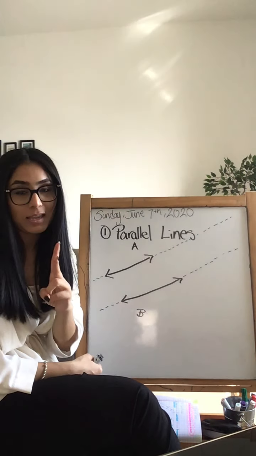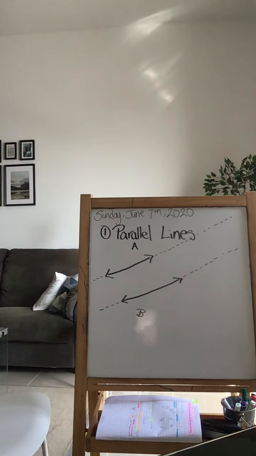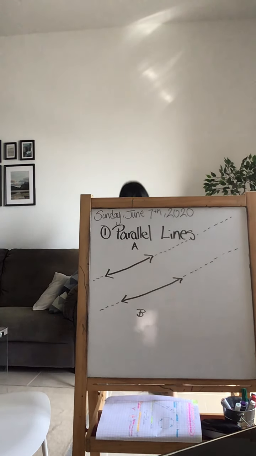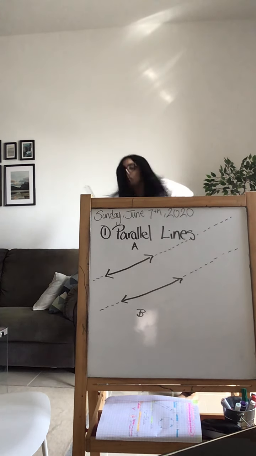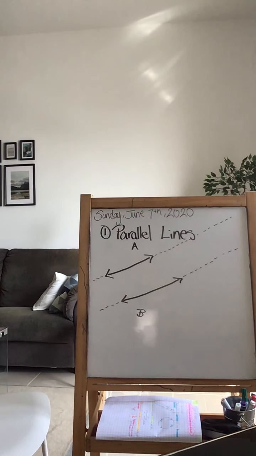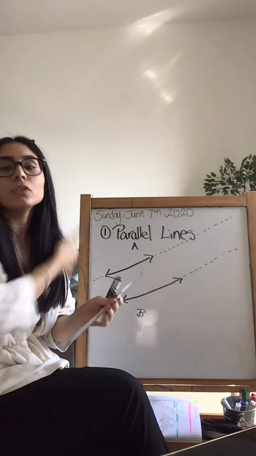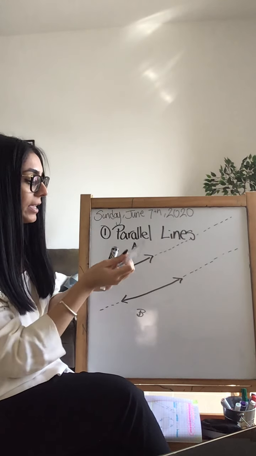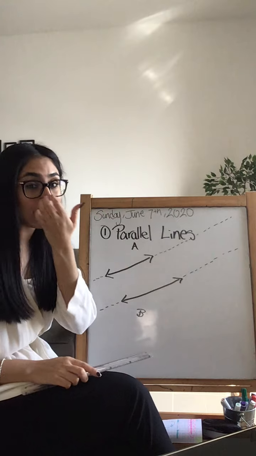And the second thing is that the distance is always going to be the same. So for example, I'm going to get my ruler so I can show you what I mean. Now I didn't measure this, but if you measured it with a ruler, the second part of a parallel line is that they remain the same distance apart.